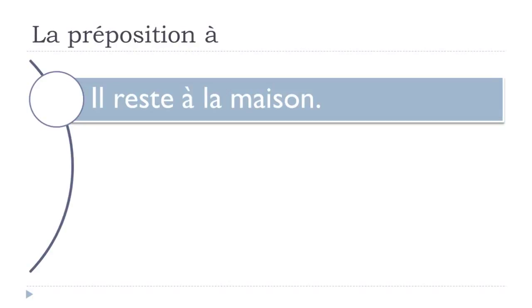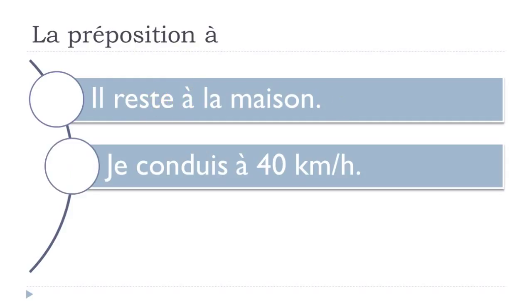And so, few examples. The first one, if you want to translate it with this at, would be il reste à la maison. Rester is to stay, okay? And in that case, we would construct it with à. Il reste, he stays, à la maison, at home. Il reste à la maison. Second example, we could use this conduire.